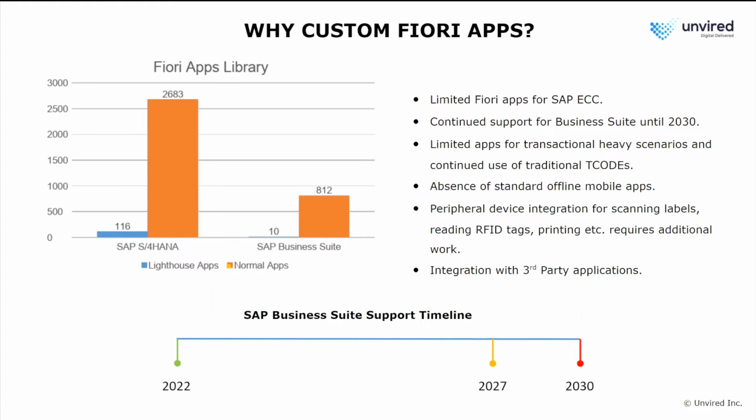So you don't really have an exact replica of that in a Fiori application. So you would still continue to use these traditional transactions in SAP GUI from the Fiori Launchpad to achieve those business processes. Also, these Fiori applications are really online applications, right?